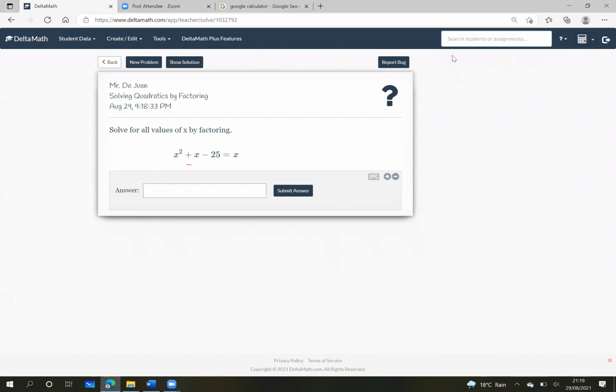Notice we have a little problem here. We got an x on both sides. However, in this situation, we're going to subtract x from x. Why? Because you cannot solve until you have 0. You must balance the equation.